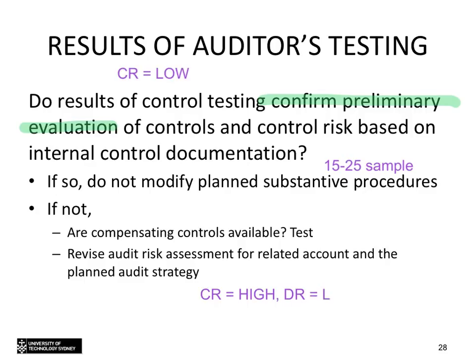Yep, so detection risk moves down to low. And then what happens to my audit strategy if my detection risk goes down to low? Yes, our audit now needs to move to a substantive approach.